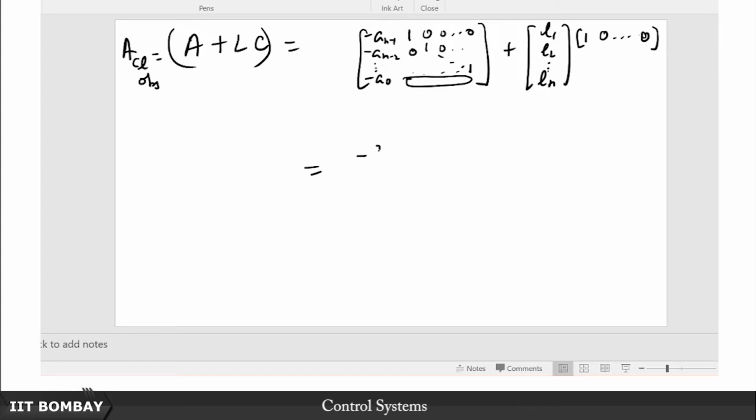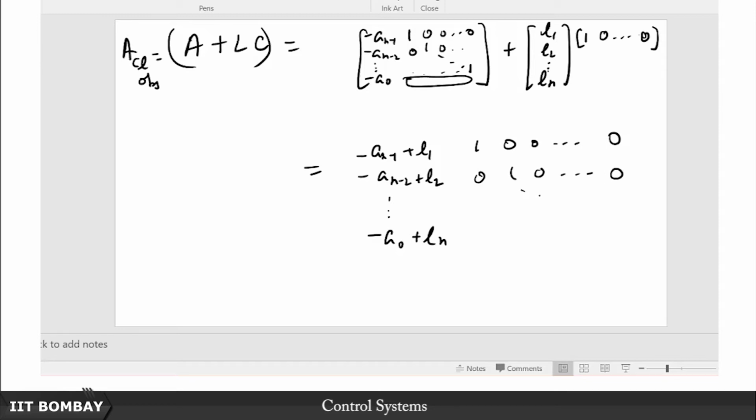It's just going to be minus a n minus 1 plus L1, minus a n minus 2 plus L2, dot dot dot till minus a 0 plus Ln, and then 1 0 0 0 0 like this, 0 1 0 0 0 like this, till you get 1 here and zeros here and 0 here, and finally the last row is all zeros.